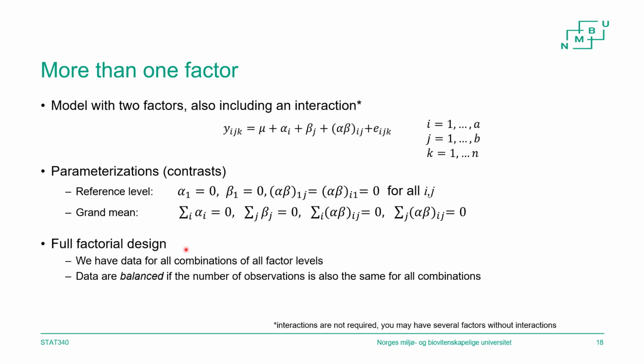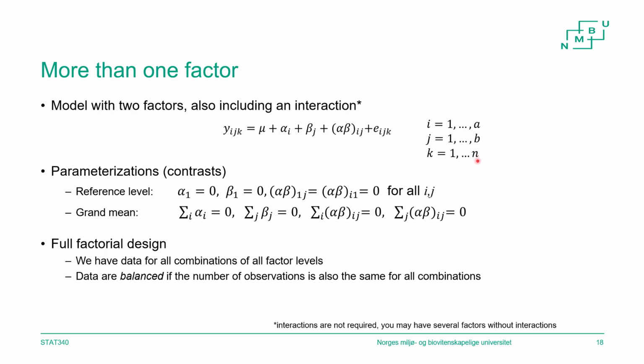So these are the requirements now, or yeah, parameterization. A full factorial design, that's something you hear from time to time. What does it mean? It means you have data for all the combinations of all the factor levels. And this is the best type of data you can have. All levels of alpha combined with all levels of beta. And if you then, in addition, have a balanced data set, it means that for each of these combinations, you have exactly n observations.